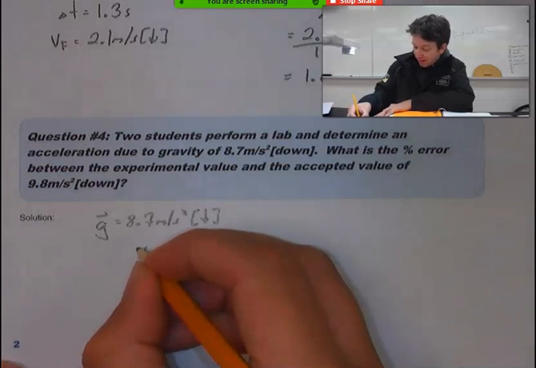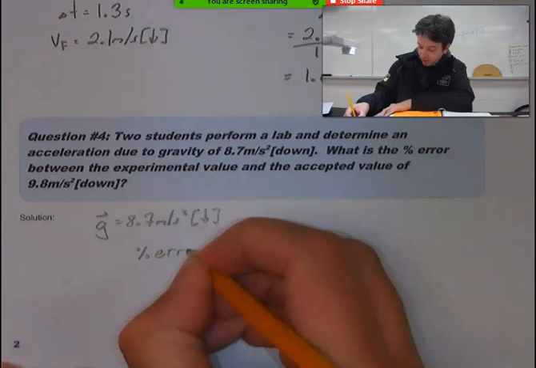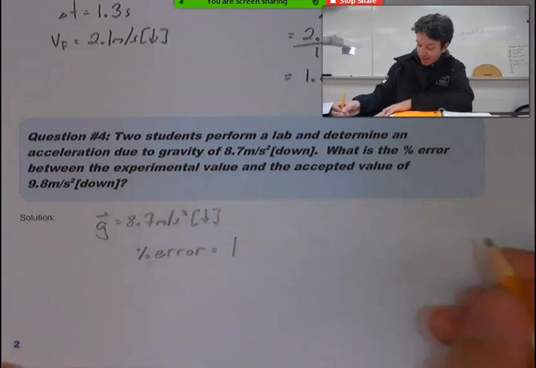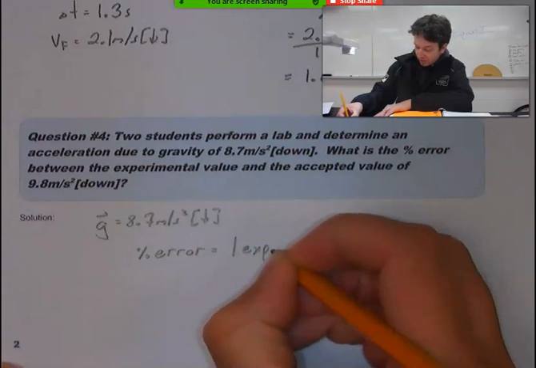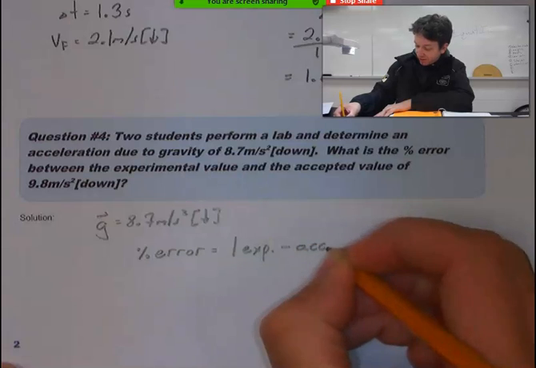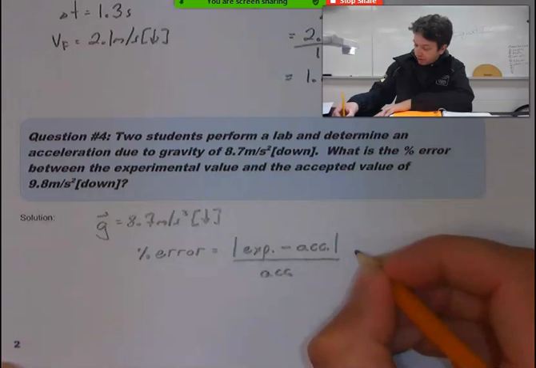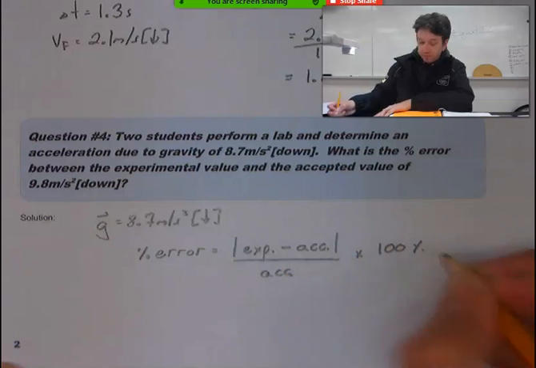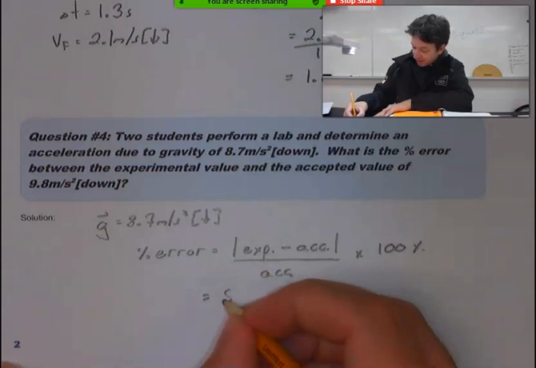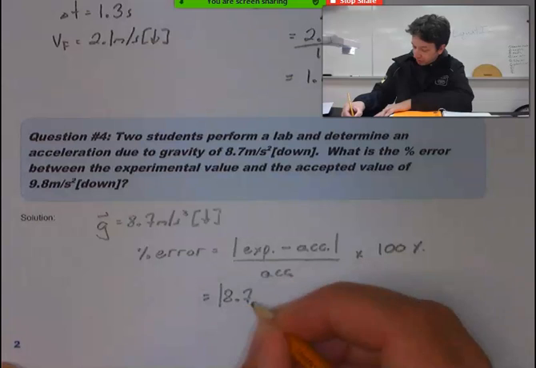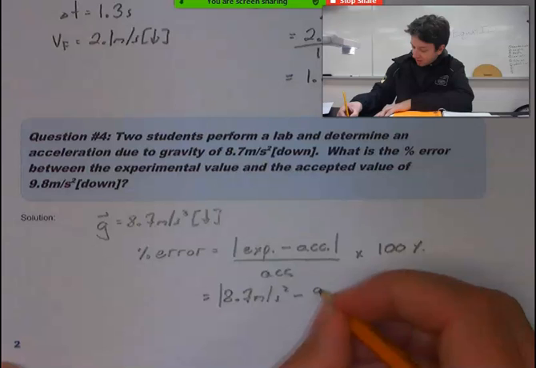So you can go back to our first lesson. Here's the formula. Percent error is the absolute value of your experimental value minus the accepted value, all divided by the accepted value times 100%. So with these values, our experimental value was 8.7 meters per second squared, minus the accepted value, which is 9.8.